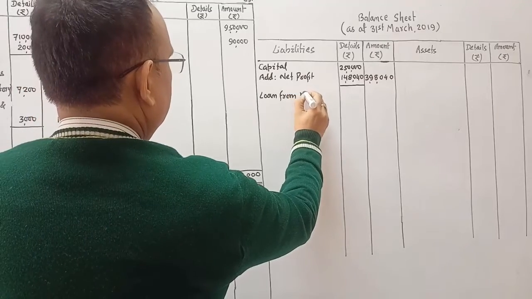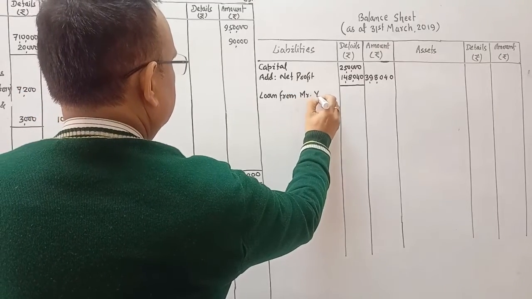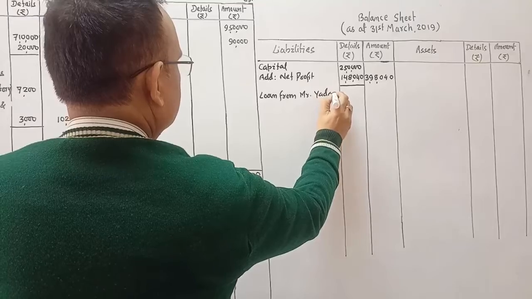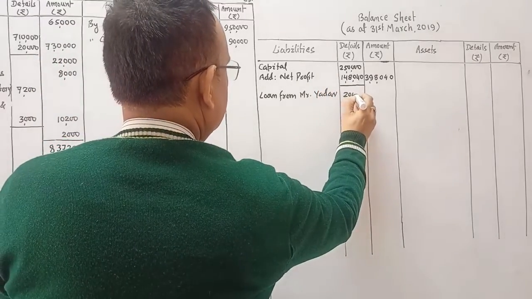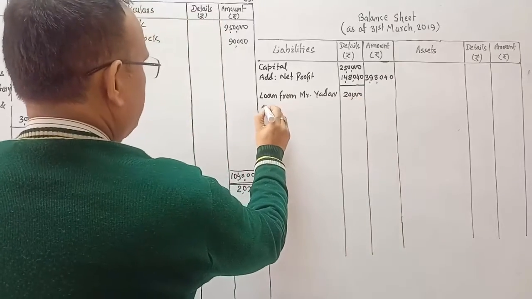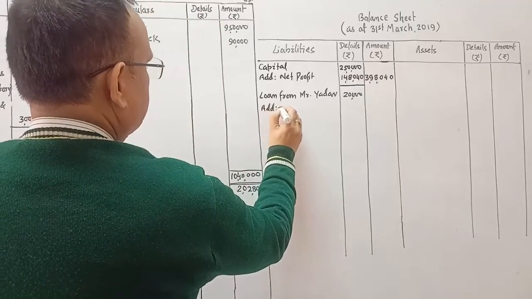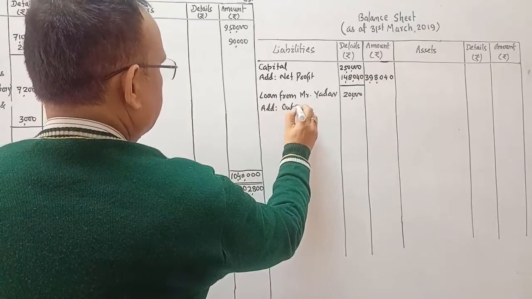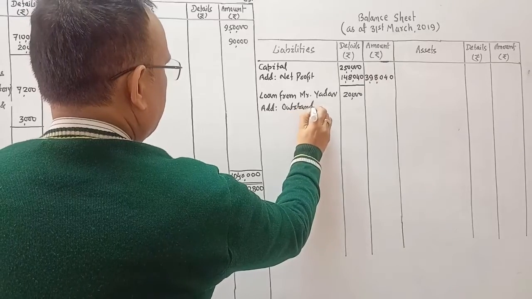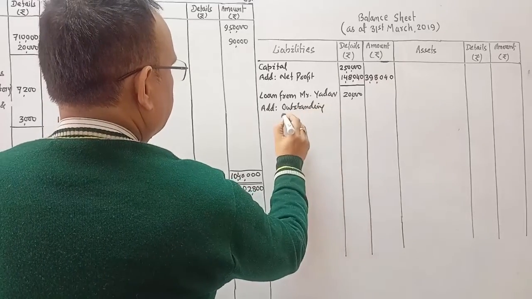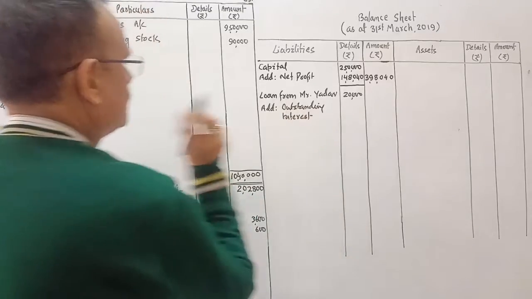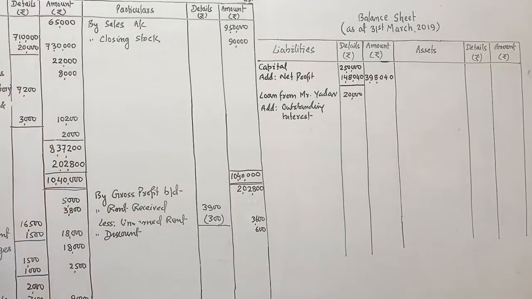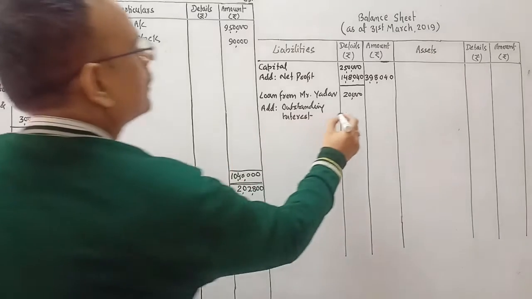Loan from Mr. Yadav. The loan from Mr. Yadav is 20,000 and add the outstanding interest. Outstanding interest on Yadav's loan is 1,000.